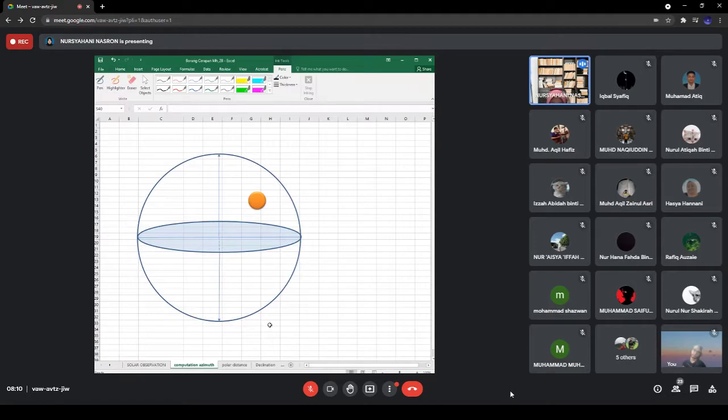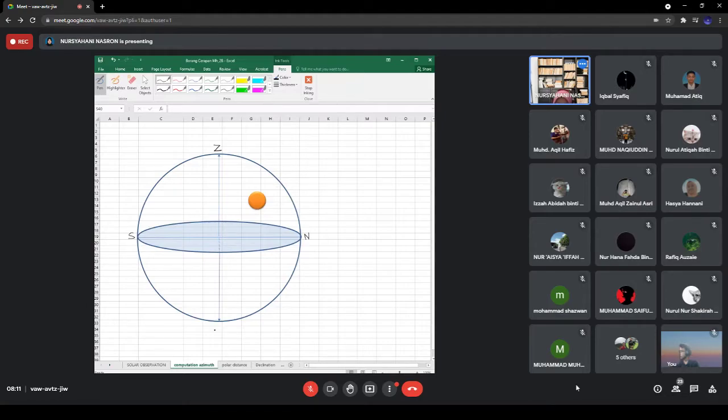This is you, the center of the celestial sphere is you, the observer position. And then this is the sun, where this is north and south. Above the observer's head, we have zenith, and nadir.